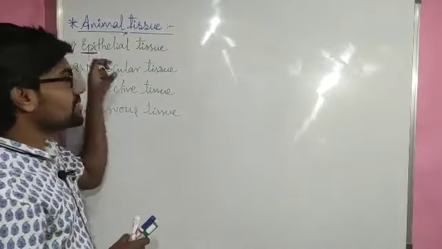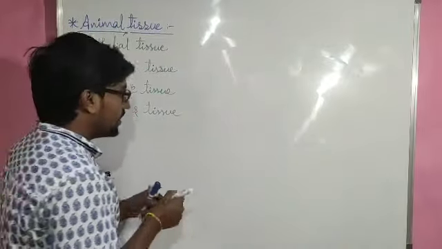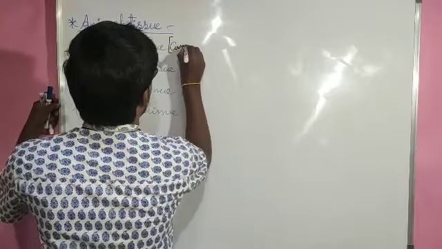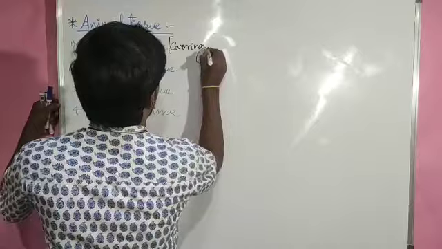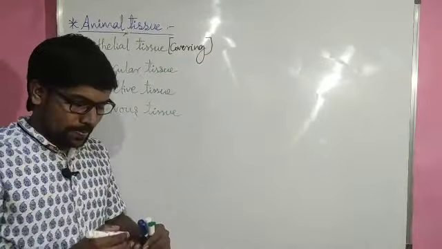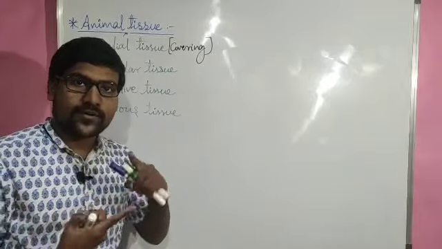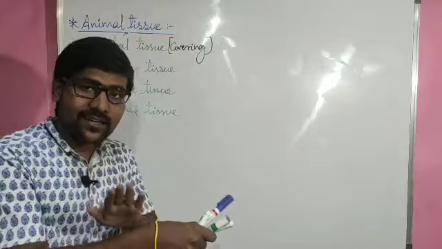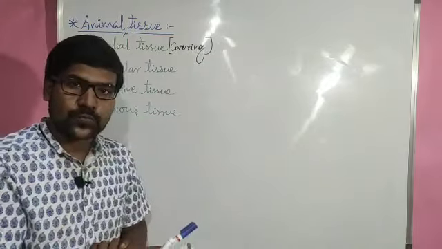So epithelial means the covering tissue. The simple way I can convey it is as a covering tissue. It covers our entire body in the form of skin. That means the skin we have right now is nothing but epithelial tissue.